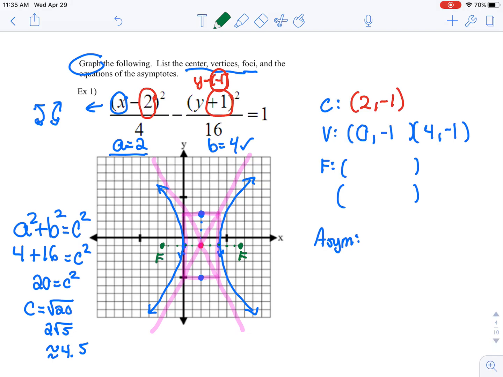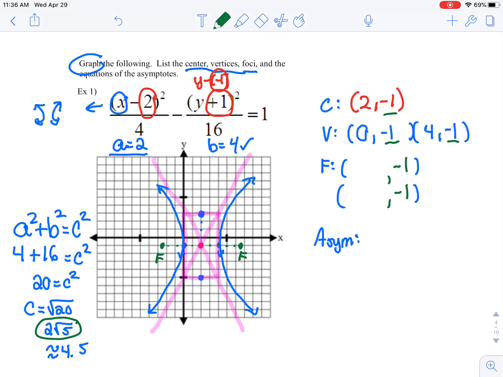When I write the focal points, though, I do want to use the exact simplified value. Notice that both focal points are going to have the same y value as the center and as the vertices here. So my focal points both have a y value of negative 1.